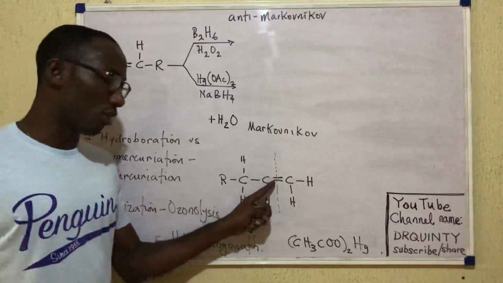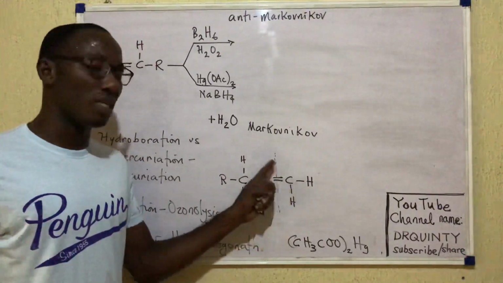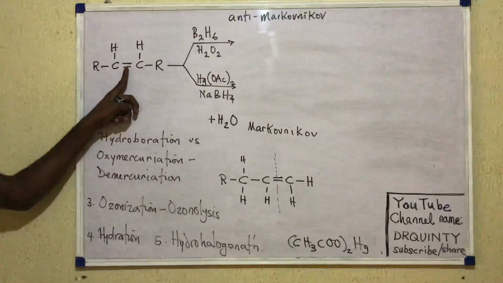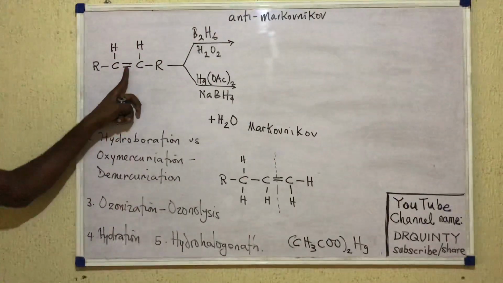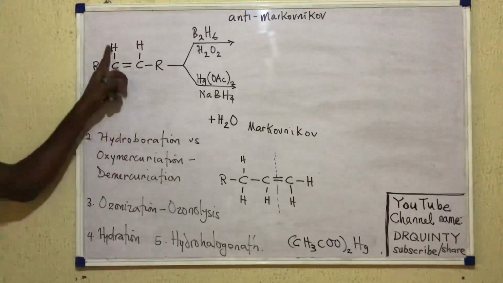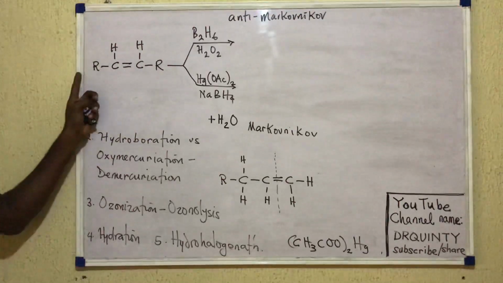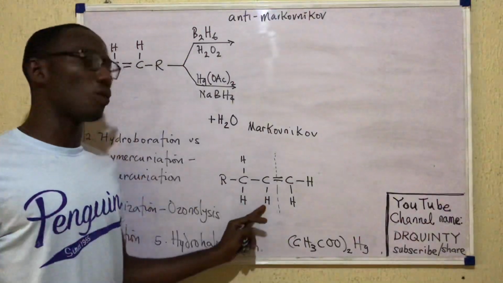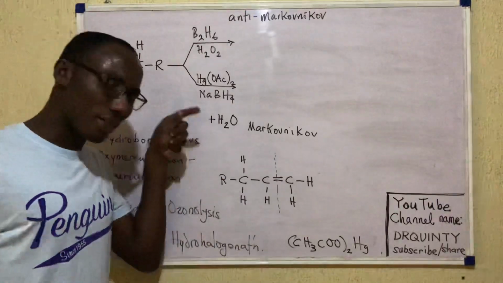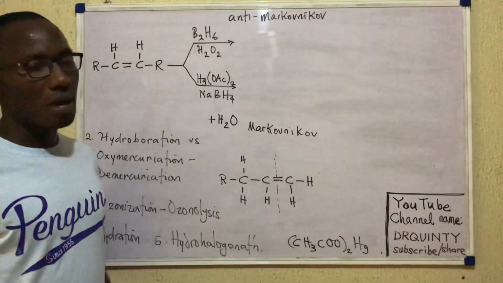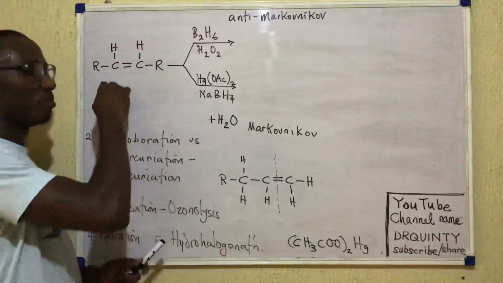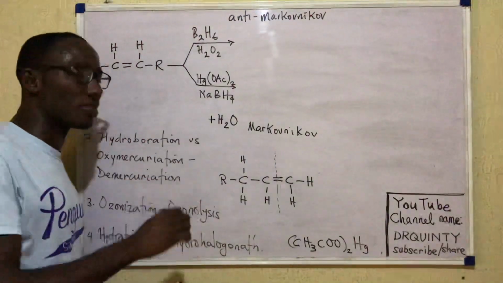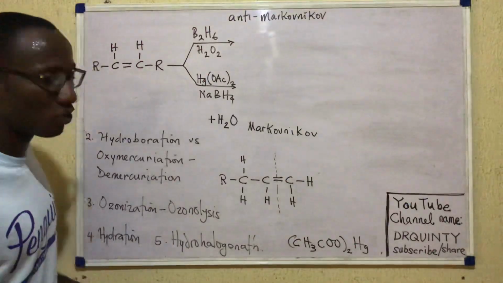But if you cut along the double bond and the two resulting halves are the same, for example what we have here, if I cut here now, on the right we have CHR and on the left CHR, assuming the R's are the same, then we say that this alkene is symmetrical. But this one is asymmetrical, and that's what Markovnikov is interested in. Markovnikov has no business with symmetrical alkenes. Instead, Markovnikov's rule concerns alkenes that are asymmetrical.